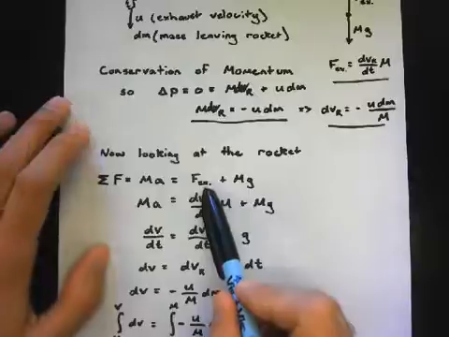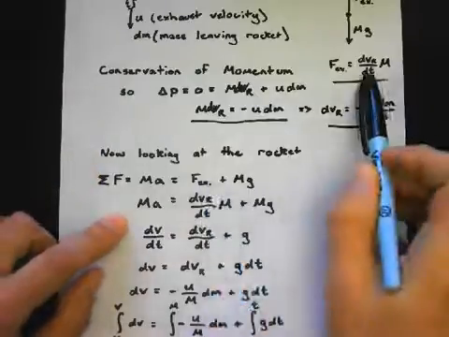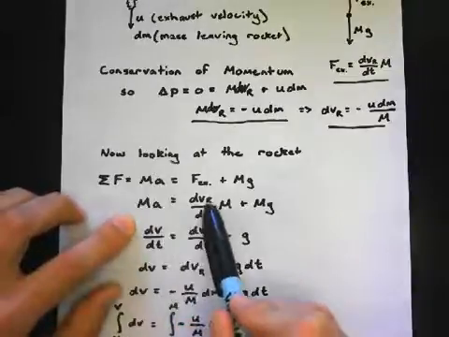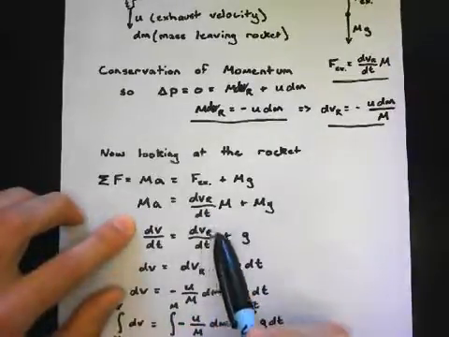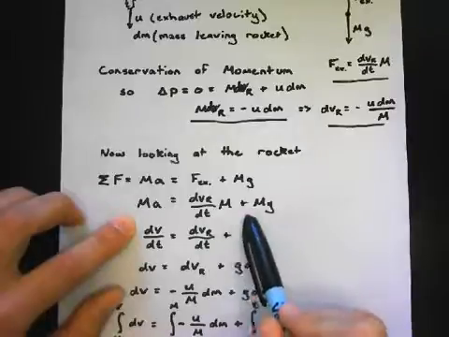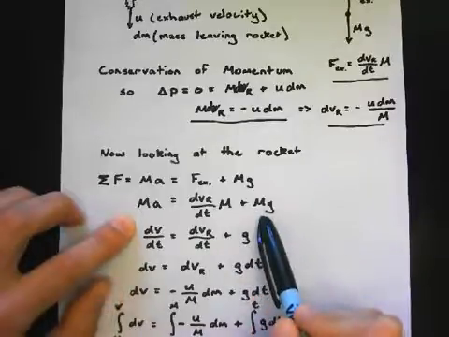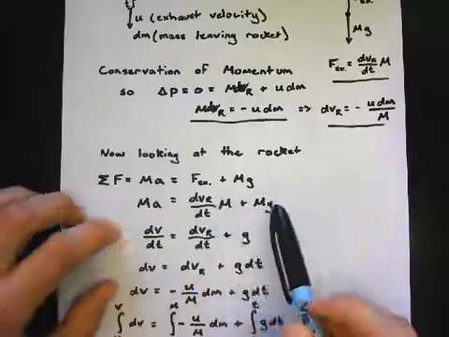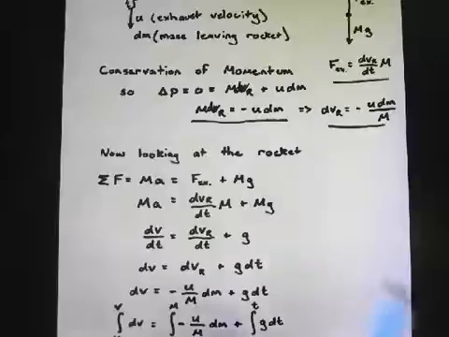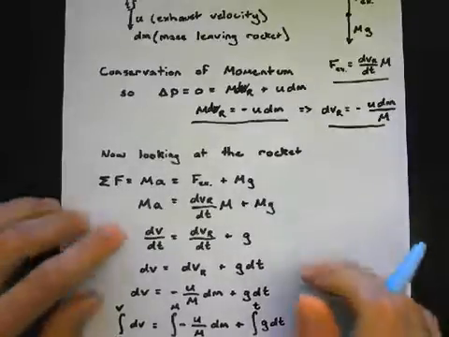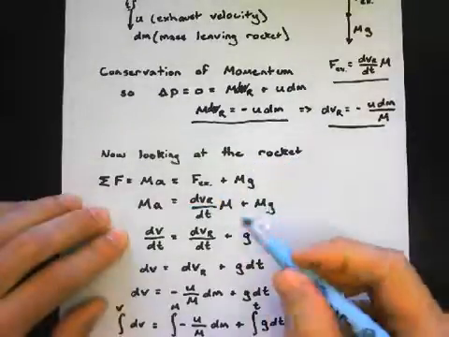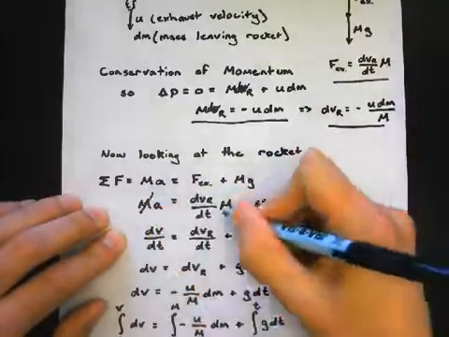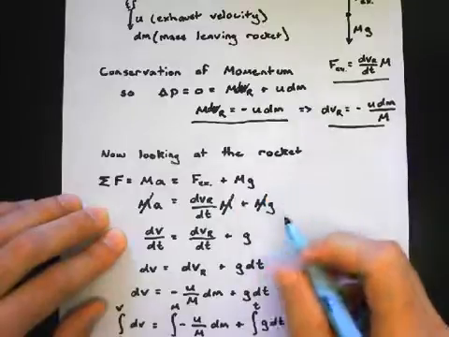And then I just substituted in my external force that we defined up here. So we have ma equals dvr over dt times m plus mg. Notice we have an m in each of the terms, so we can just divide out the mass to cancel out all the masses, just like that.